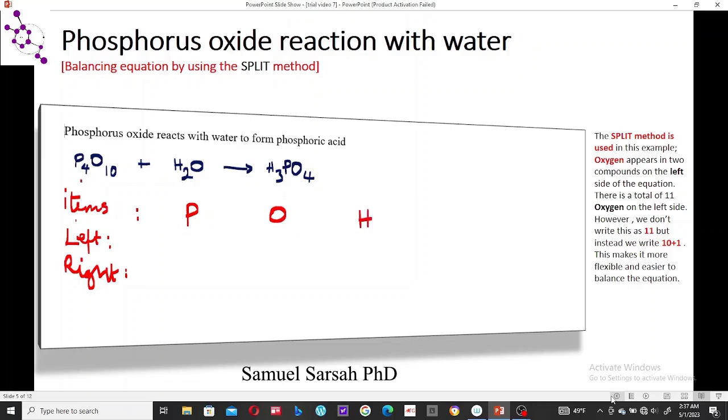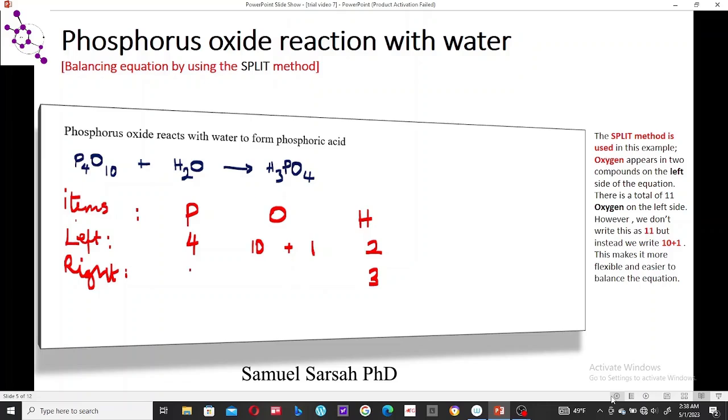So on the left side, count them, we have 4 for phosphorus. And then the oxygens we have 10 plus 1. The hydrogens we just have 2. On the right side, hydrogens we have 3.